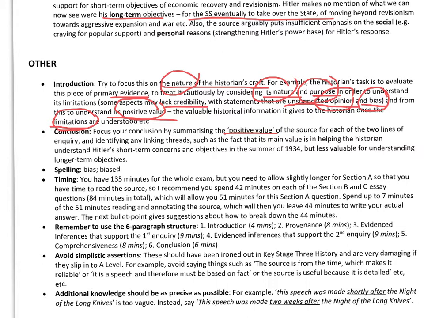Try to identify any linking threads. Is there anything overall? Overall, this is a really useful source because it helps me as a historian understand the following. I would say, for me, it helps me understand Hitler's short-term concerns and objectives in the summer of 1934 in the context of retaining the support of the conservatives and the middle classes.